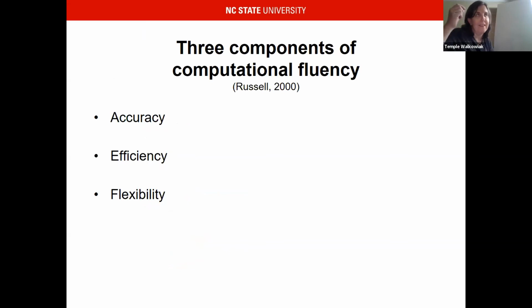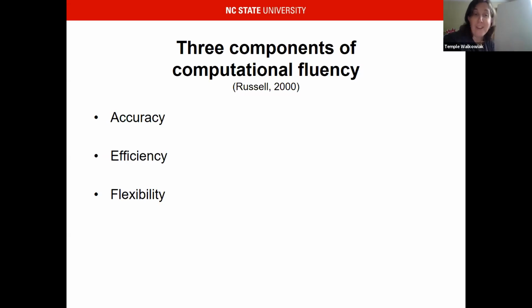As a caregiver, we might think that fluency means that they're super quick. Efficiency is one piece of fluency, but I think that last bullet, flexibility, is perhaps the most important. We, of course, want accuracy as well, but to be flexible in the ways that we think about numbers.